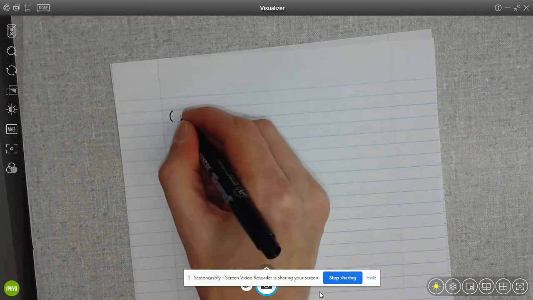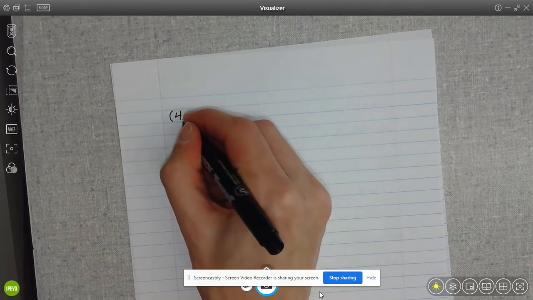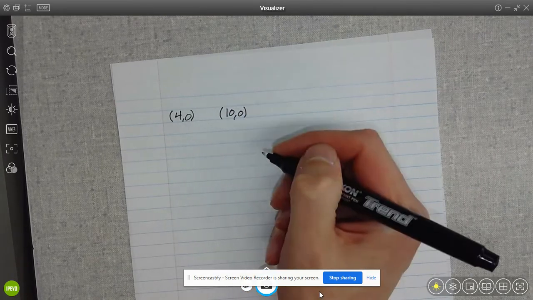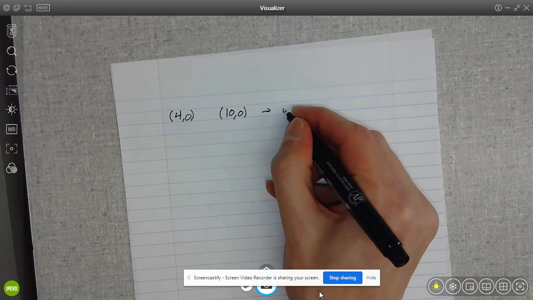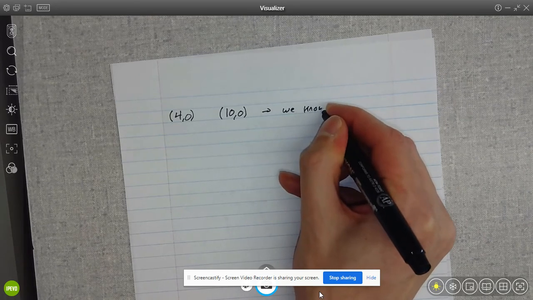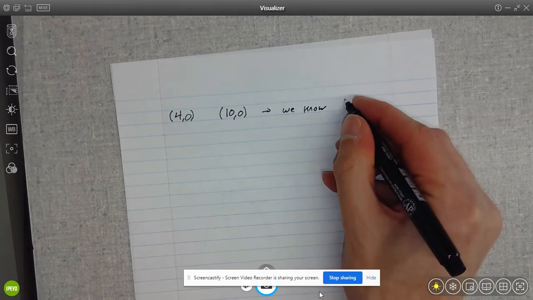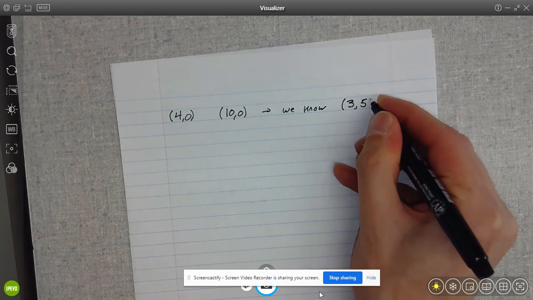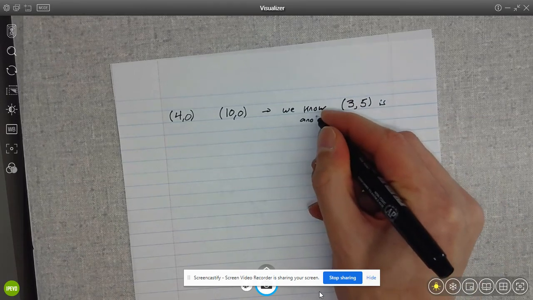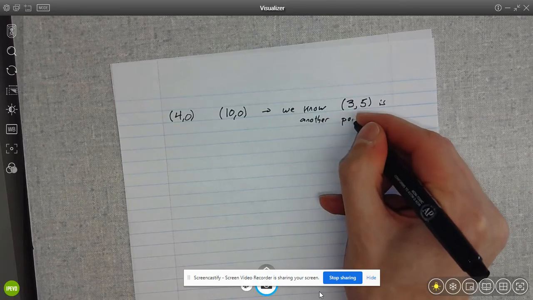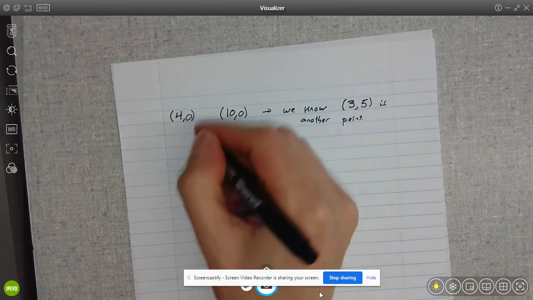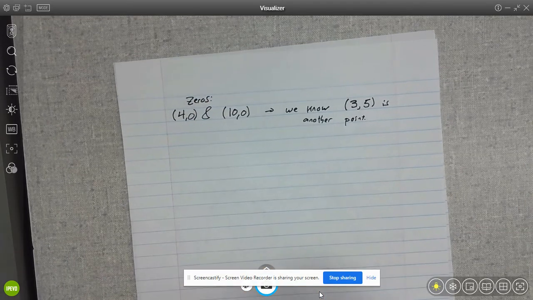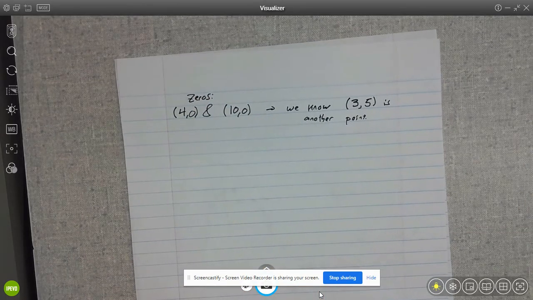So let's say we know our two zeros are at 4, 0, and 10, 0. And we also know that the parabola goes through the point, let's say 3, 5. And what we're going to do is try to determine the equation in factored form.